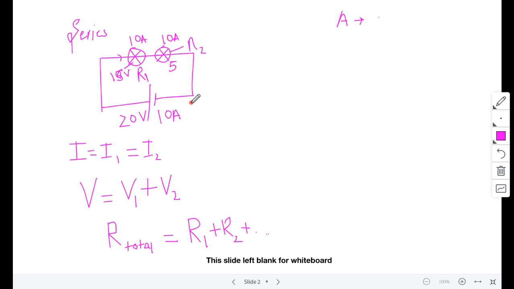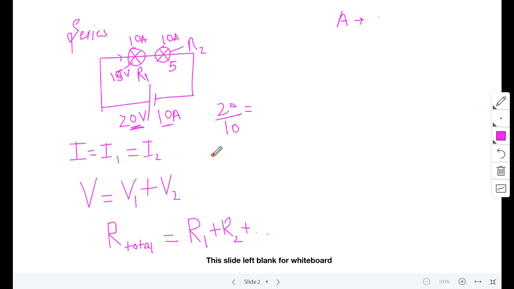Yeah, or there's a simple way if you have to calculate total resistance. If you know the total potential difference and total current, you can directly do 20 divided by 10, and it will give you total resistance. So total potential difference divided by total current will give you total resistance.